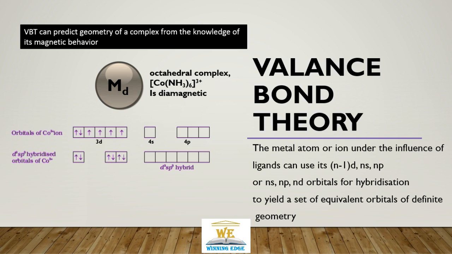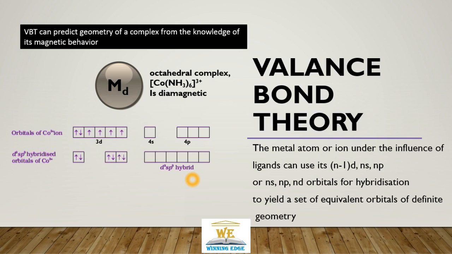So these unpaired electrons will pair up during complex formation, leaving behind 2 empty 3d orbitals. These empty 3d orbitals will hybridize with 4s and 4p orbitals. In total, we have 6 orbitals, giving us 6 equivalent d2sp3 hybrid orbitals, which are arranged in octahedral geometry.